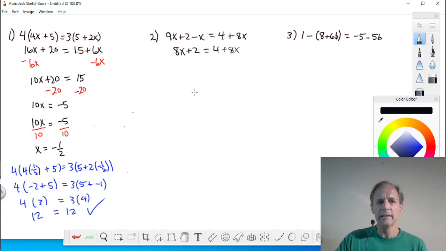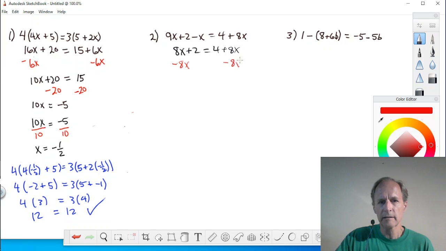And then that makes it like a normal problem. It's like this one was after the first simplification step. So we will get the x's by itself. Subtract 8x from both sides. Minus, oh, we want red. Minus 8x, minus 8x.